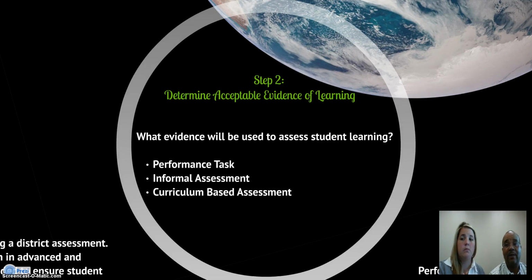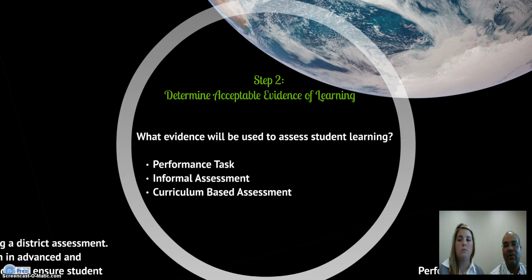After determining what is to be taught, which is often determined for us, next we have to determine how we will assess. What evidence will we use to determine if learning took place? In some districts, this too is predetermined.